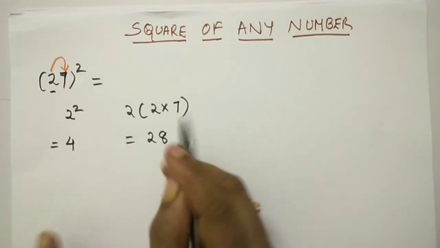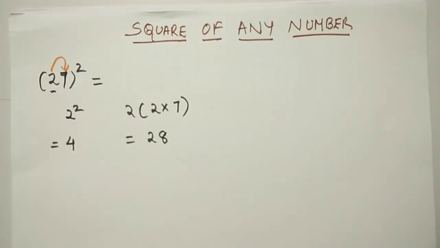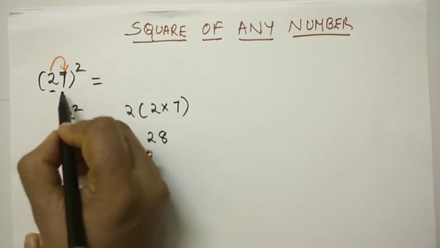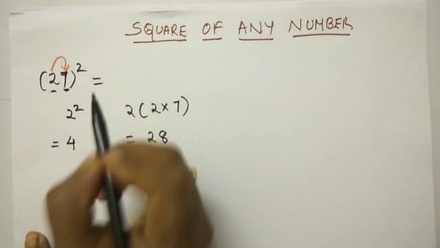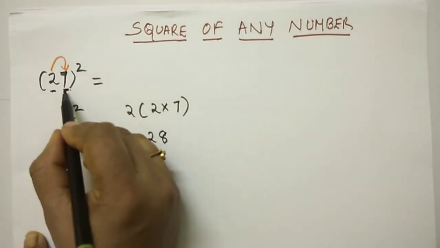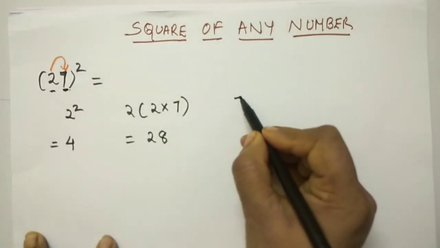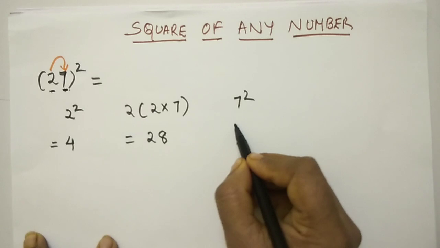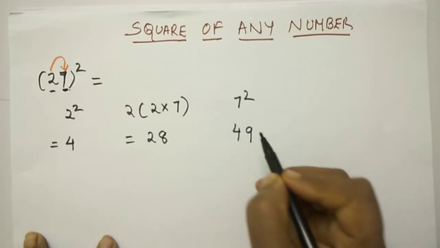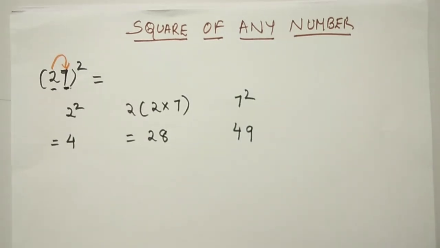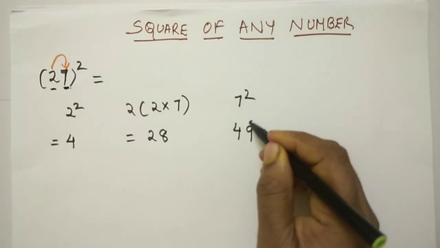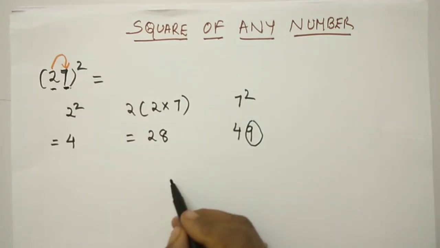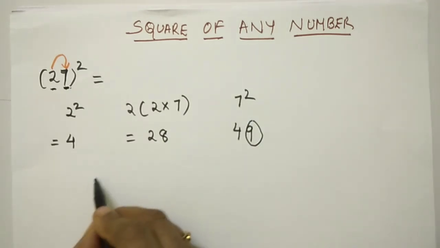Now, next. You have to write the square of this number. That is 7 square. It is nothing but 49. Now write down this number here, and carefully observe how the answer will be.